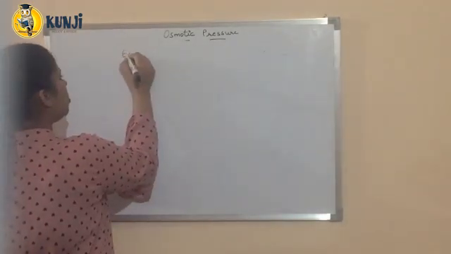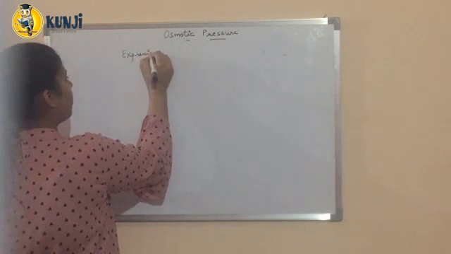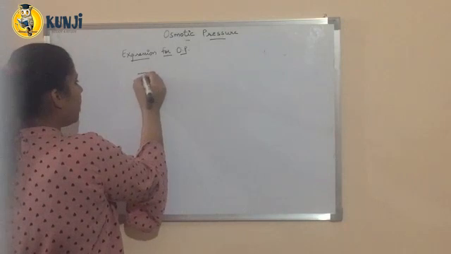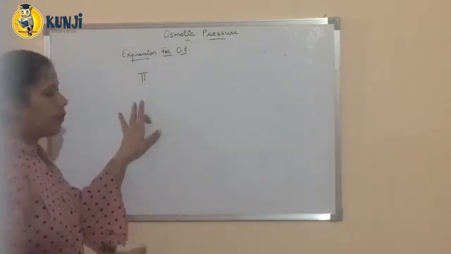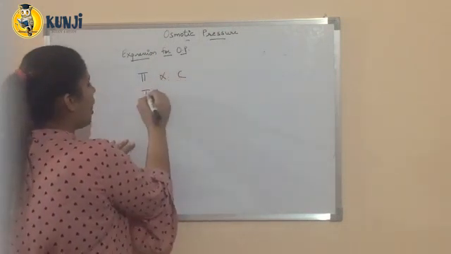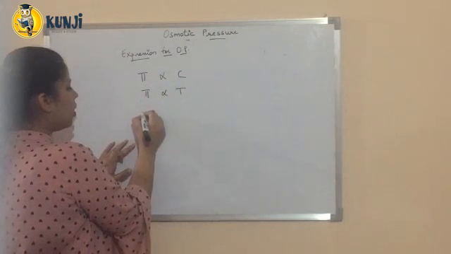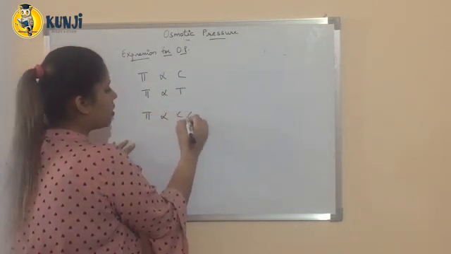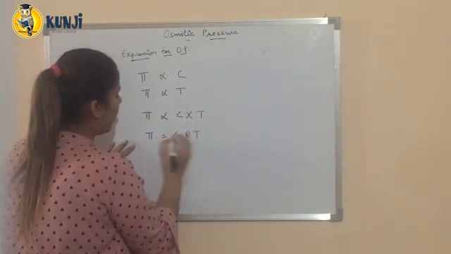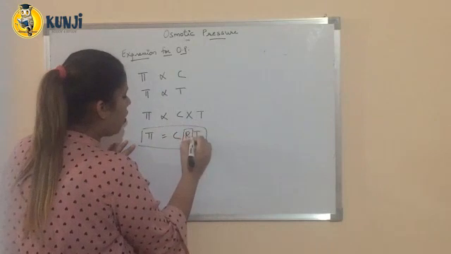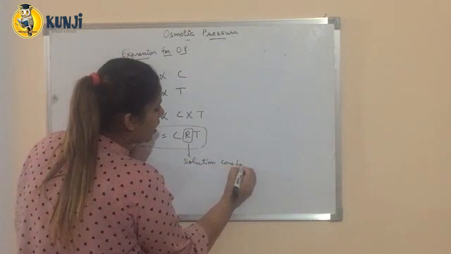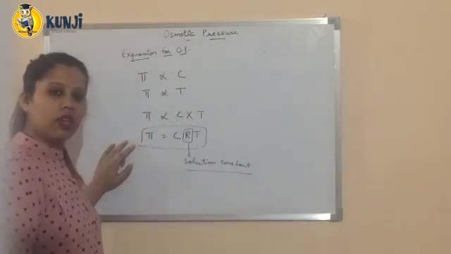Now we will see how to express the osmotic pressure. We will denote osmotic pressure as pi, and it was observed that it is directly proportional to the molar concentration and also to the temperature. So pi is directly proportional to C into T, and further we can write pi = CRT, where R is known as the solution constant, whose value is the same as the universal gas constant.